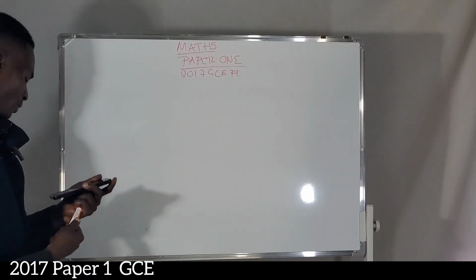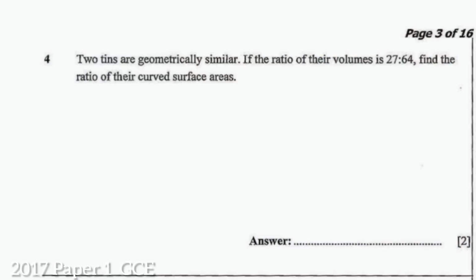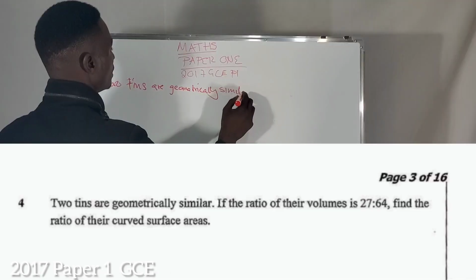Question number 4 reads: two tins are geometrically similar.